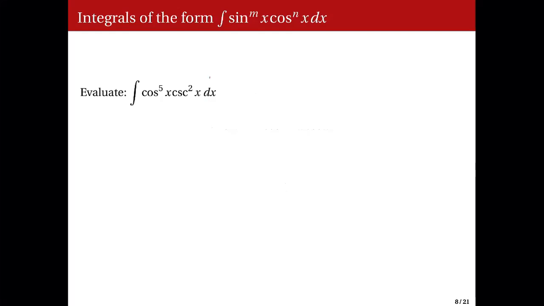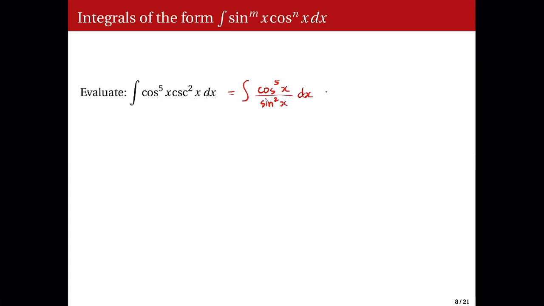So in here, you'll just have integral of cosine to the 5x over sine squared x dx. The power of cosine is odd, so we use that method.